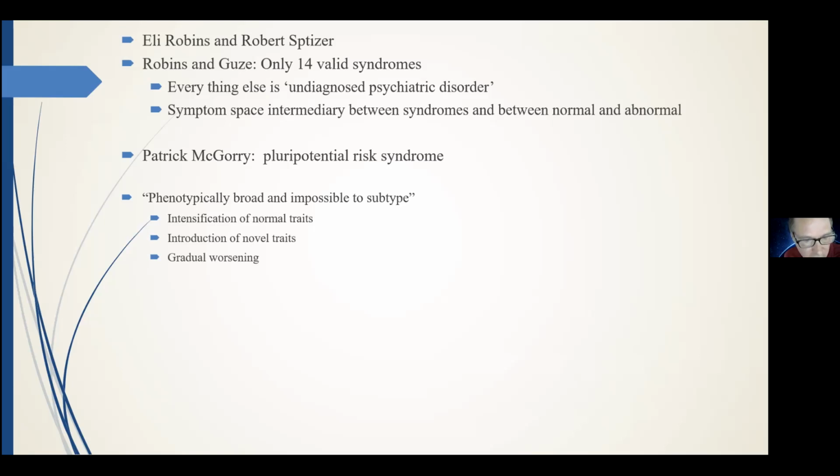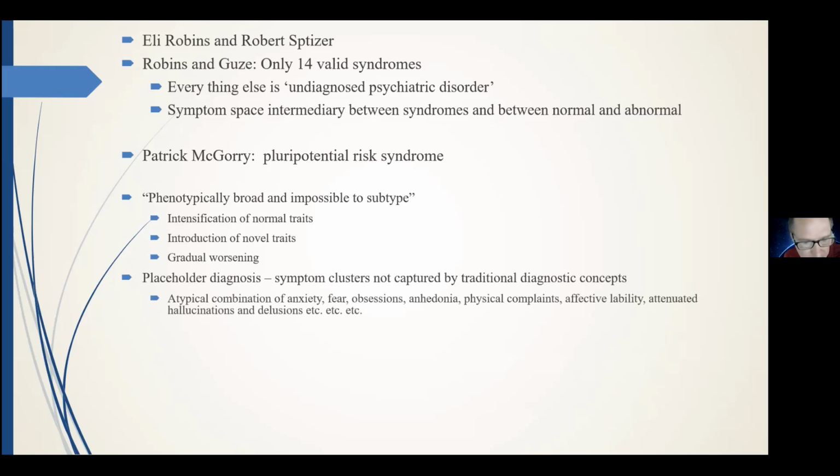Other people who are studying ultra high risk talk about a placeholder diagnosis, where they say it's just a placeholder because we can't say more yet. There are these symptom clusters that are not captured by traditional diagnostic categories, and symptoms are drawn from across the domain of psychiatry. There are atypical combinations of anxiety, fear, obsessions, physical complaints, affective lability, attenuated hallucinations and delusions. And at a certain point, you can't say more than that.